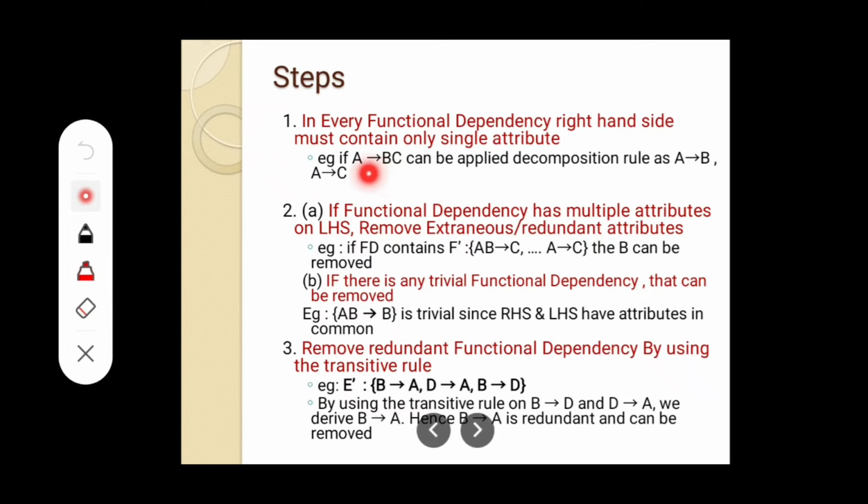So A determine BC can be split like this: A determine B and A determine C. In this manner we eliminate the multiple attributes in the RHS of the functional dependency. ക്ലിയർ?